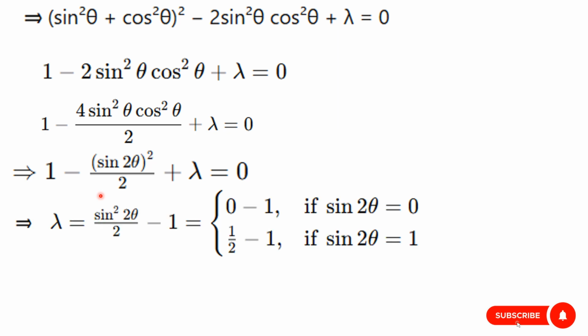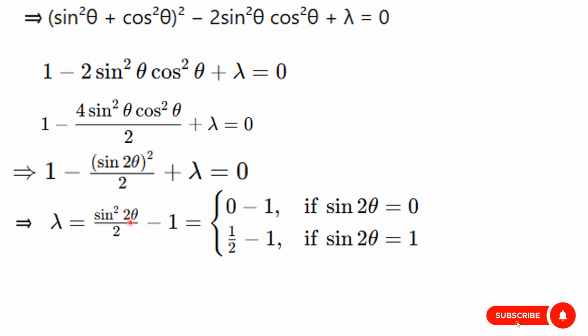Let us solve for lambda. Lambda is equal to sin square 2 theta divided by 2 minus 1. Now give values for sin 2 theta. If sin 2 theta equals 0, then lambda will be 0 minus 1, which is minus 1.